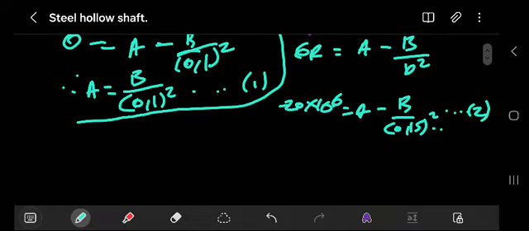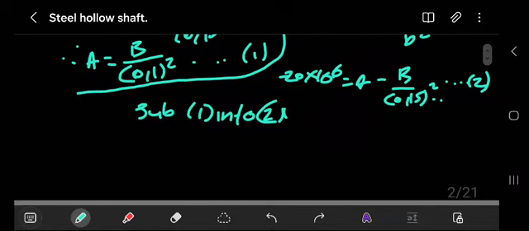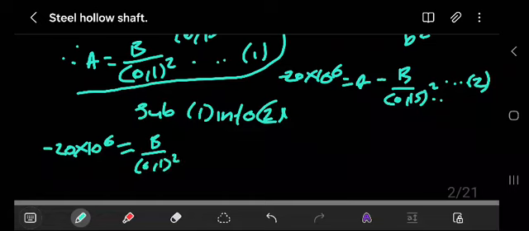Then we can substitute equation 1 into 2. Where I see A, I will replace A with this whole thing here. As I substitute that into 2, here we have minus 20 times 10 to the power of 6 is equal to B over 0.1 squared minus B over 0.15 squared.